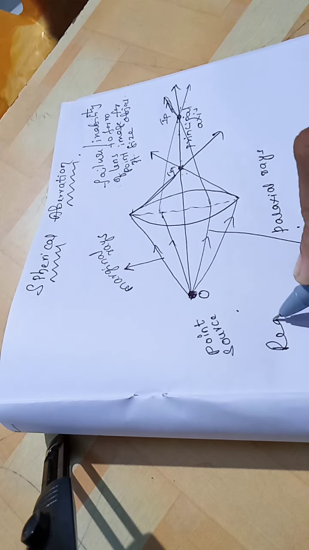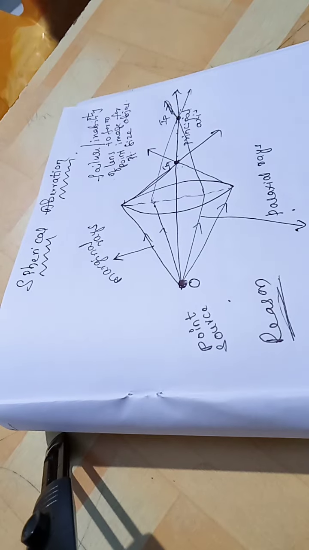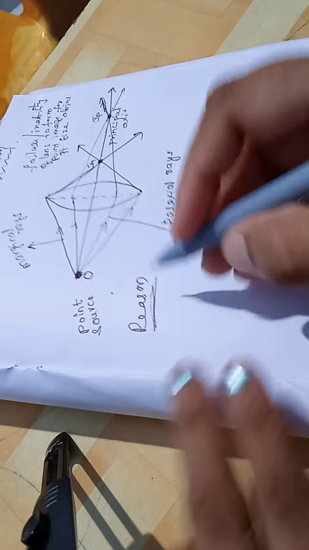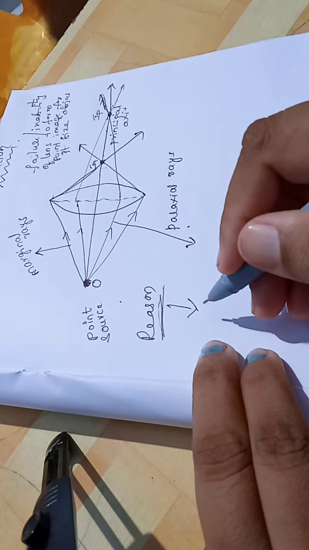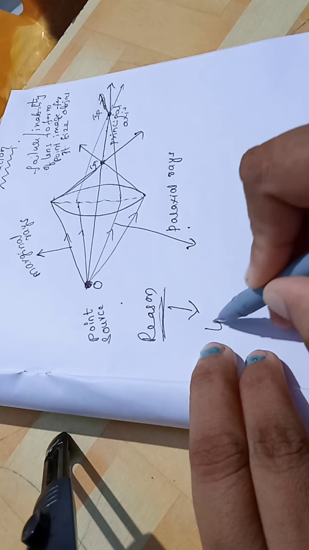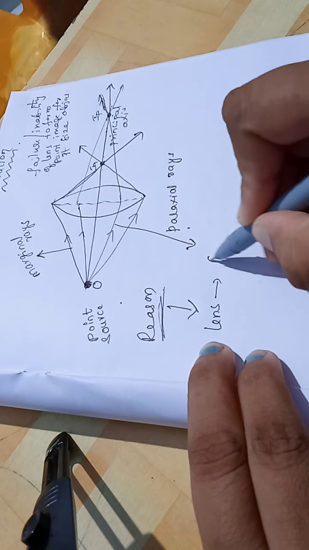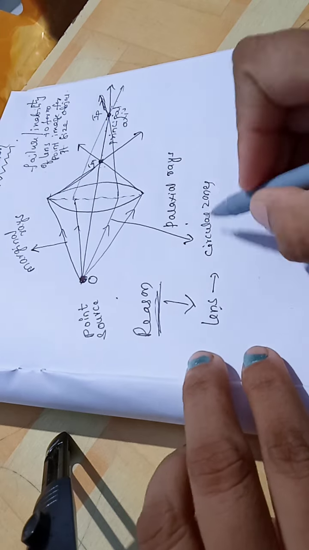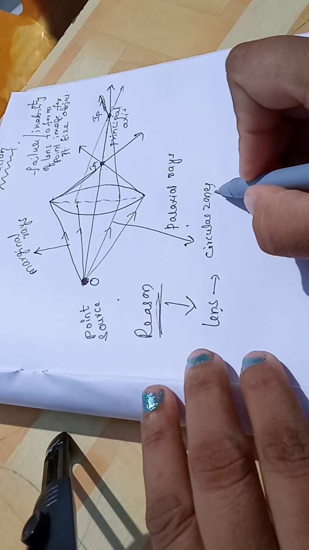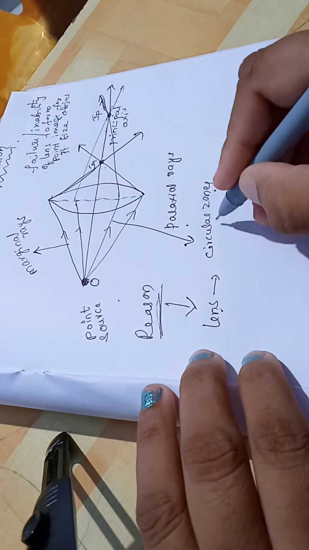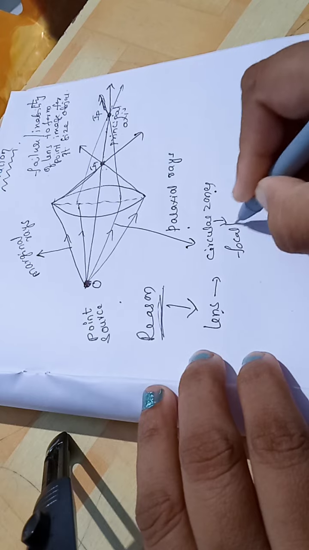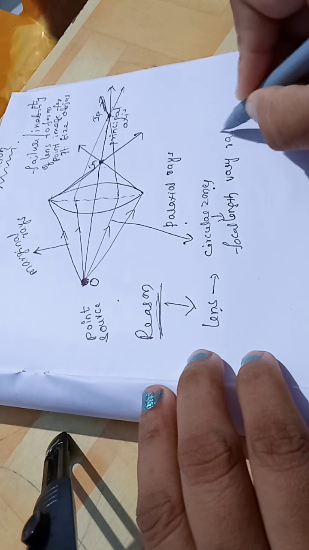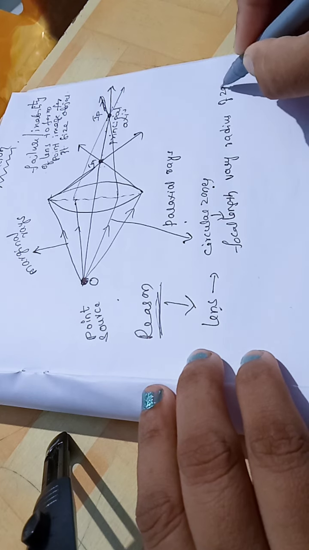Then why does spherical aberration form? Let us see that. The reason is that the lens is supposed to be divided into circular zones, and the focal length slightly varies with the radius of the zone.